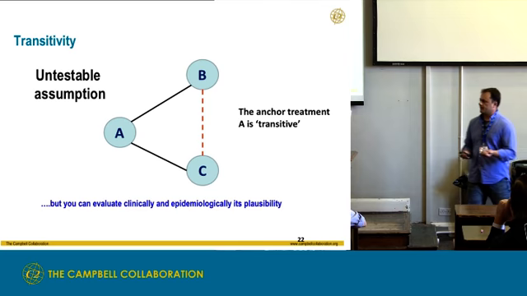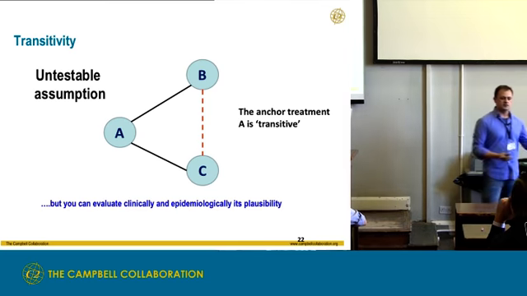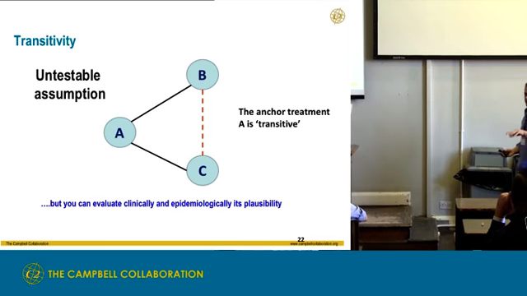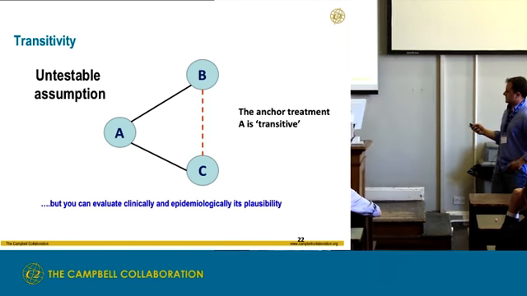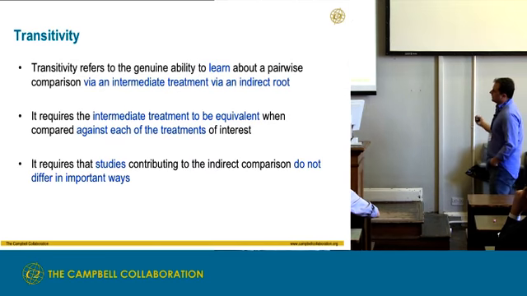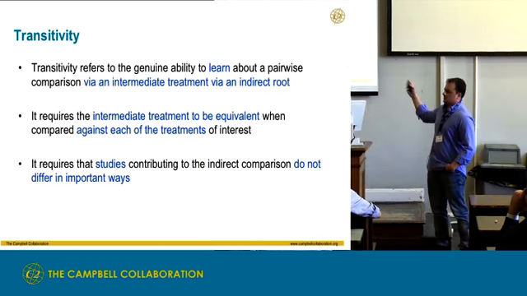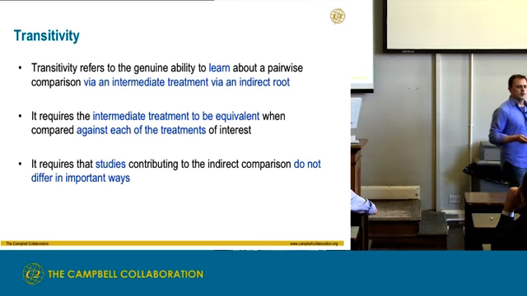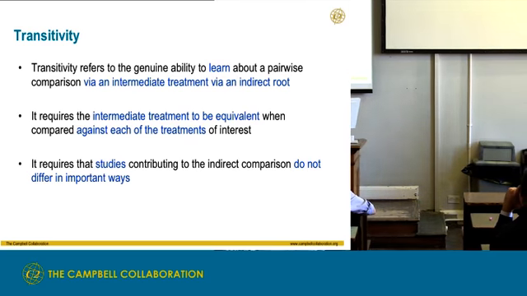So if I know what modifies the effect, I'm just looking at the distribution of that variable in AB and AC studies. This transitivity assumption implies the intermediate treatment, for example A, to be equivalent when it is in AB studies and in AC studies.